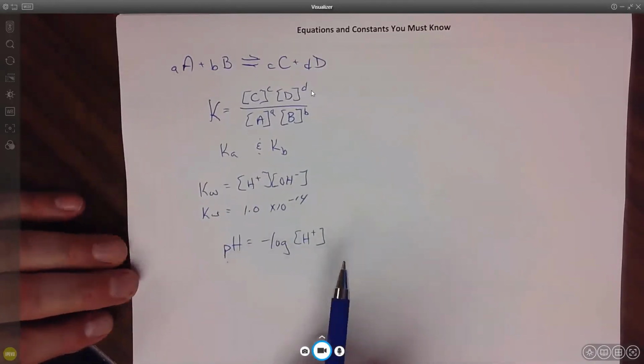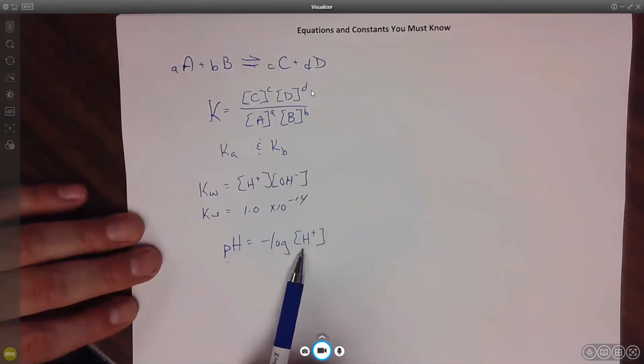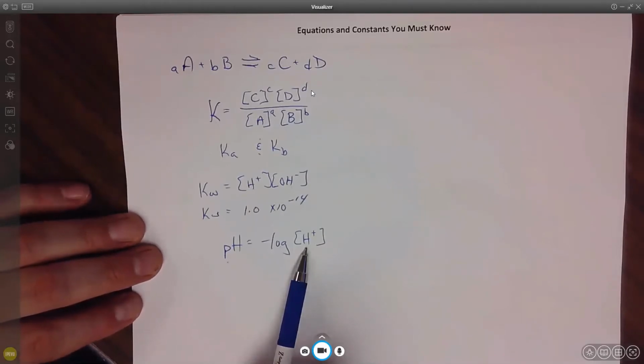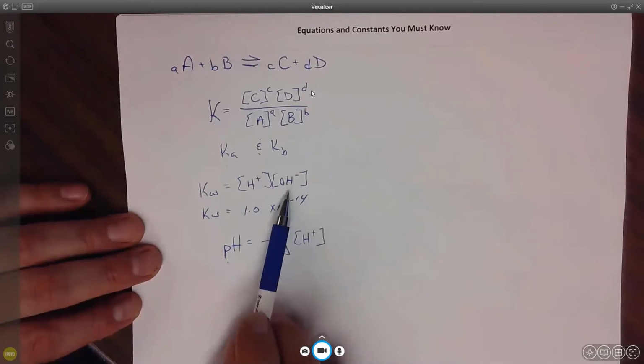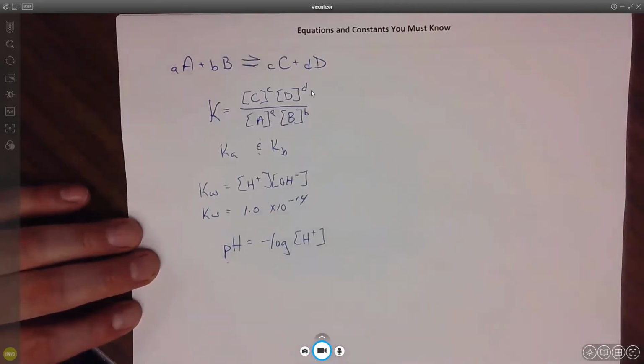We talked about what the pH means. We said for a neutral solution, the pH was 7. For an acidic solution where the hydrogen ion concentration is greater than the hydroxide ion concentration, it would have a pH less than 7. And for basic solutions in which the hydroxide ion concentration is greater than the hydrogen ion concentration, the pH is going to be greater than 7.